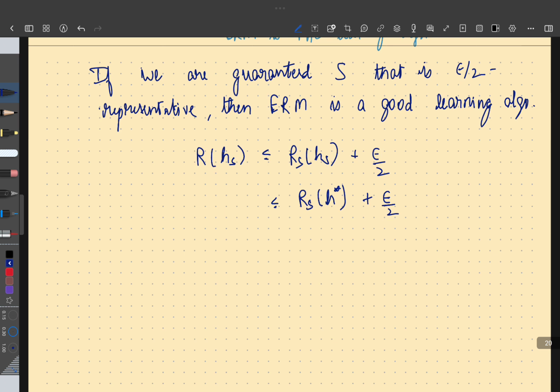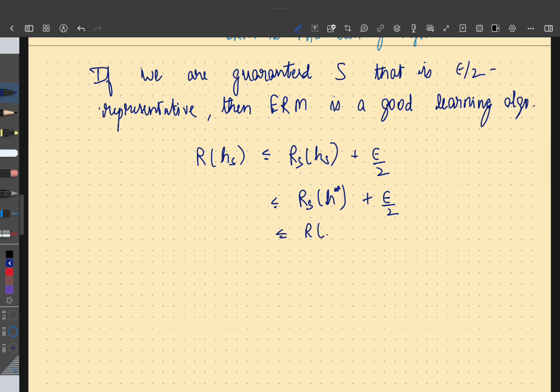It can't be any more. But the sample is epsilon by 2 representative, which means that R of H star is within epsilon by 2 of Rs of H star.